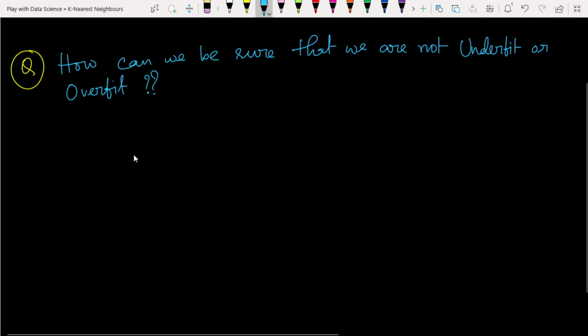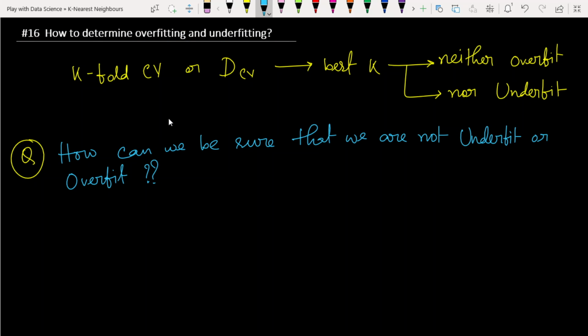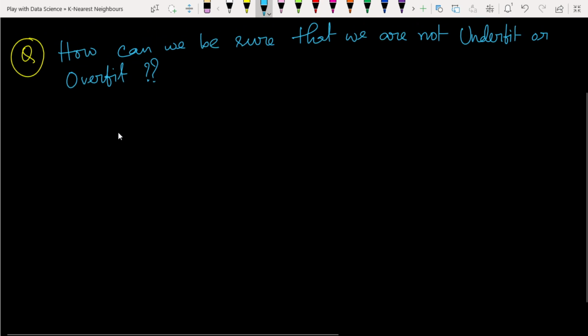To confirm whether our model is overfit or not, how do we justify our models?